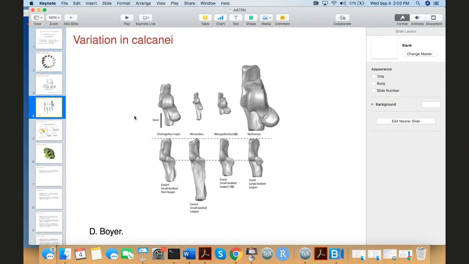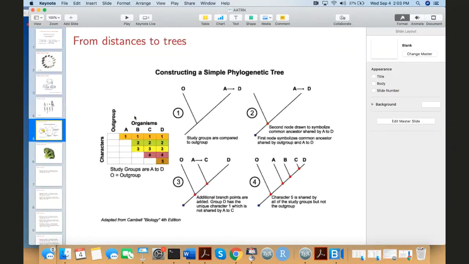Now, I'm going to be talking about shape today, but some of these ideas are also more general, and I'll touch on that. One of the things you might want to do is take all of these heel bones, figure out some form of similarity or distance between each of these bones. Then you make a little matrix here, and from this matrix you can construct a phylogenetic tree.